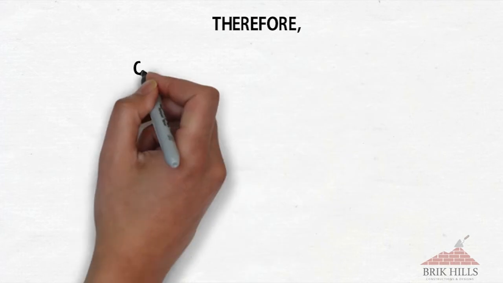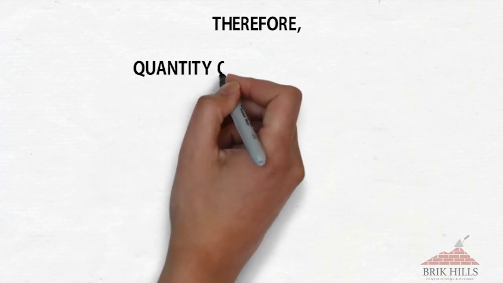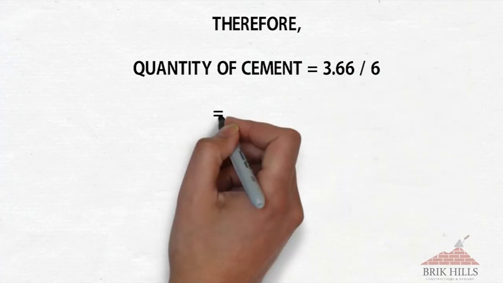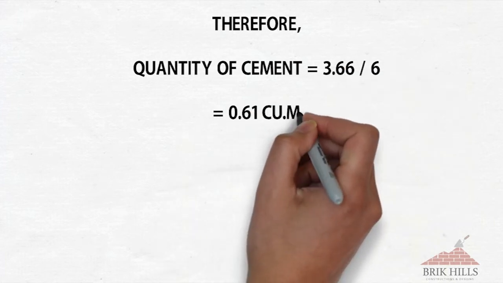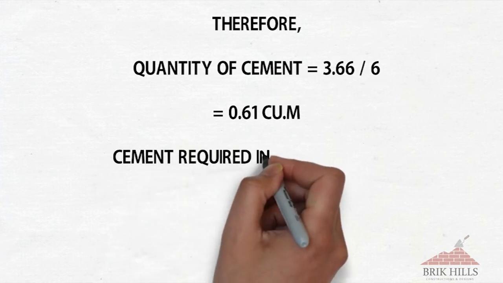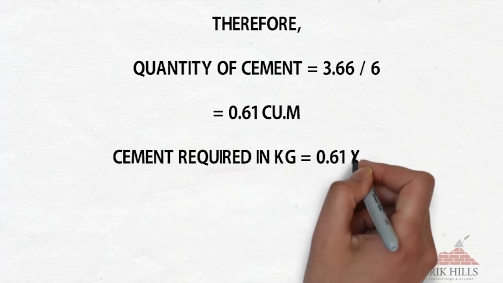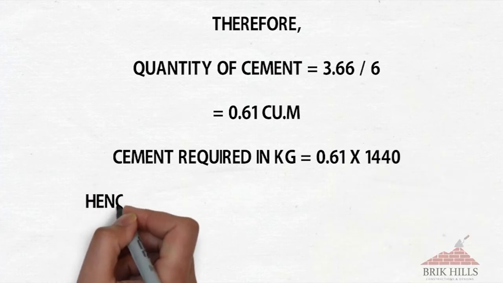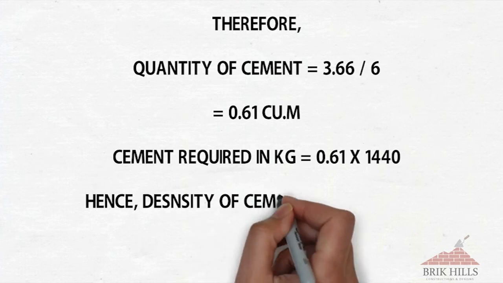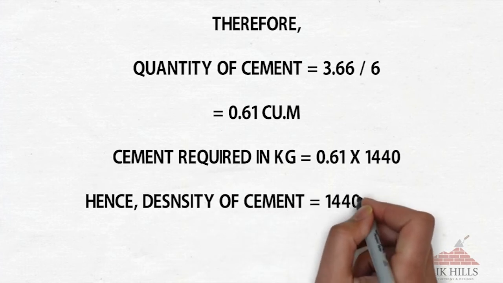Therefore, quantity of cement equals 3.66 divided by 6 equals 0.61 cubic meter. Cement required in kg equals 0.61 into 1440. Here, the density of cement equals 1440 kilograms per cubic meter.